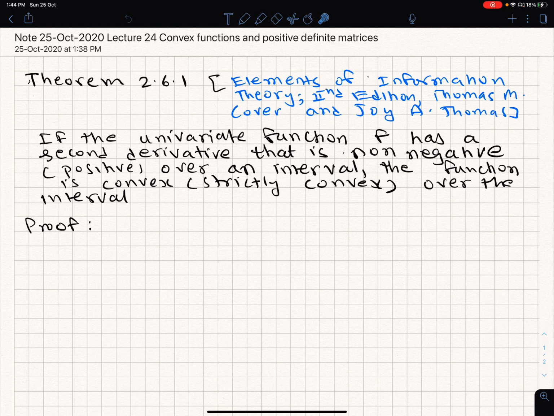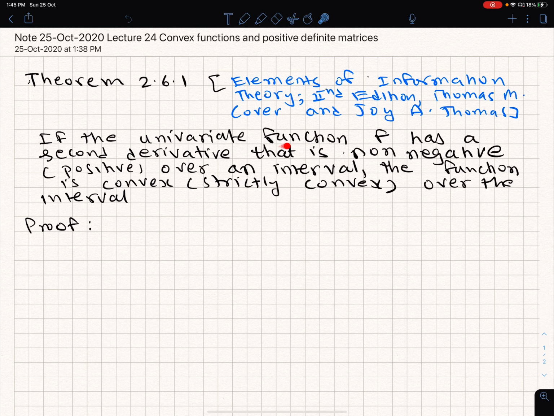I have picked this up from here to bring out the fact that convex functions are used in many places, for example, information theory. So let's look at this theorem.